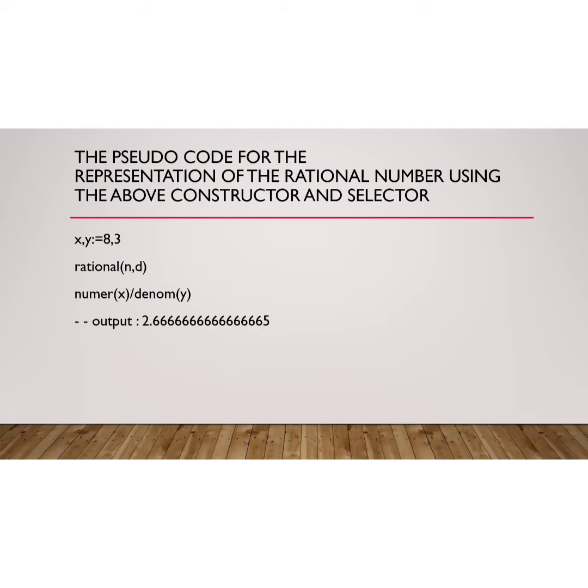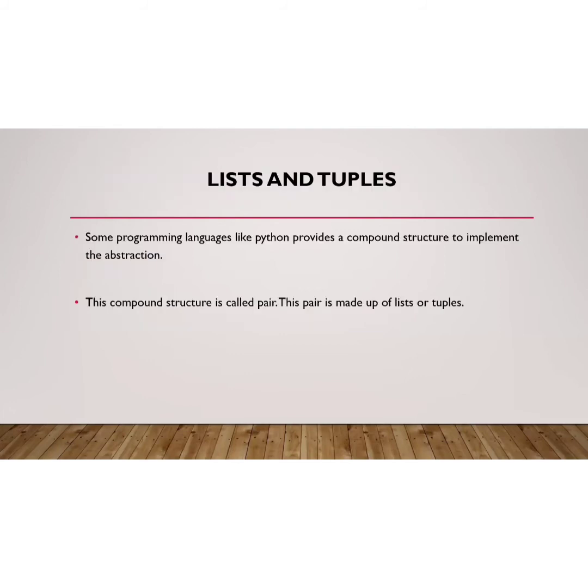Ratio is the constructor function. n, d are two parts, n is numerator, another one is denominator. So the two different pieces are bundled together. Numerator of x divided by denominator of y is a selector. What is the output of this code? 2.666.